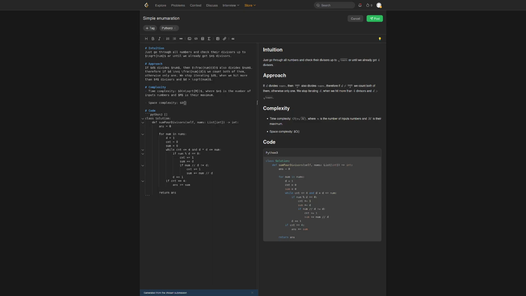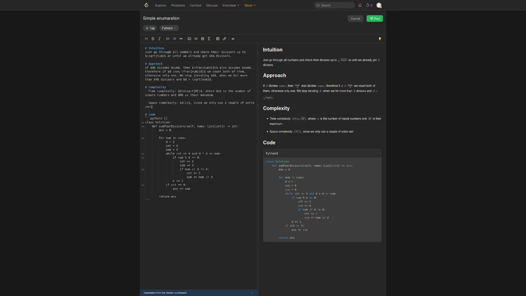Great. Space complexity is O(1) since we only use a couple of extra variables.